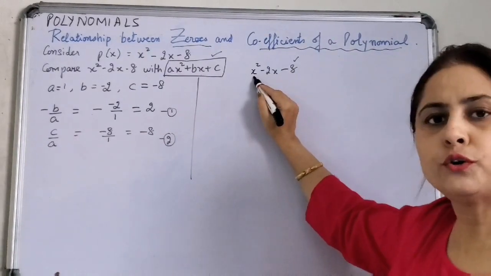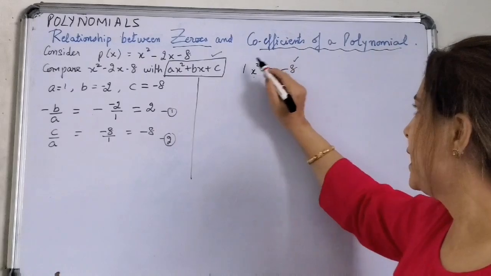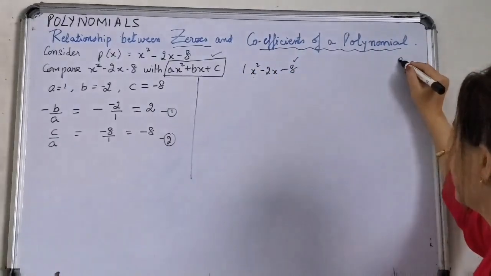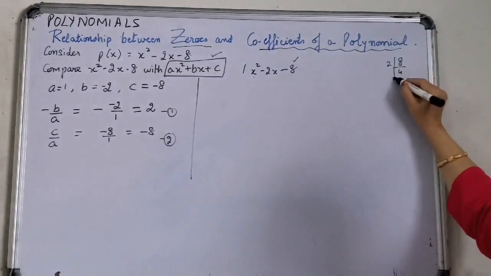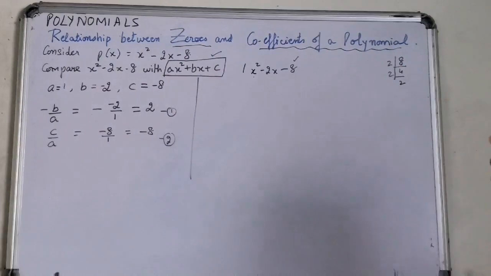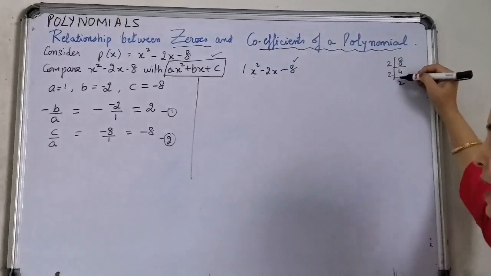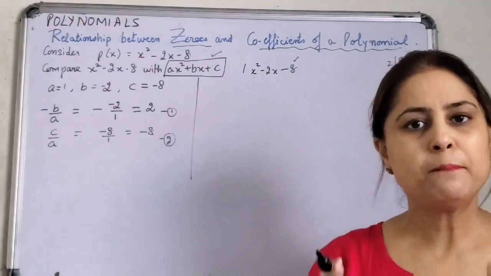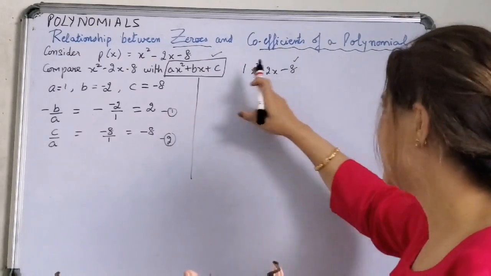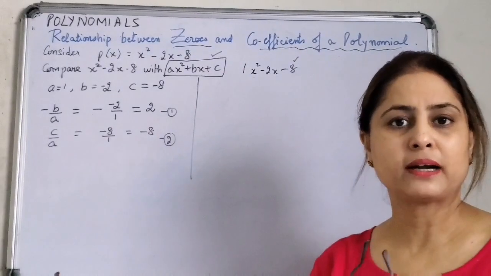Coefficient of x squared is 1, so 8 ones are 8. I am going to take the prime factors of 8. This is 2 fours are 8, 2 twos are 4. Now I have to manipulate these factors in such a way that I take out two numbers so that when I multiply them, I should get minus 8, and when I add or subtract, I should get minus 2.